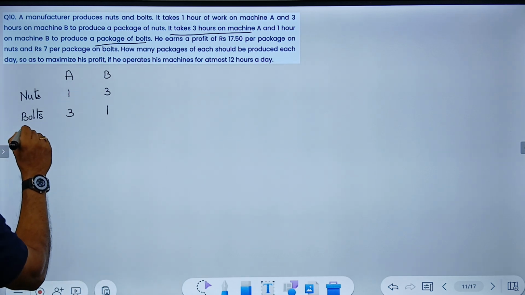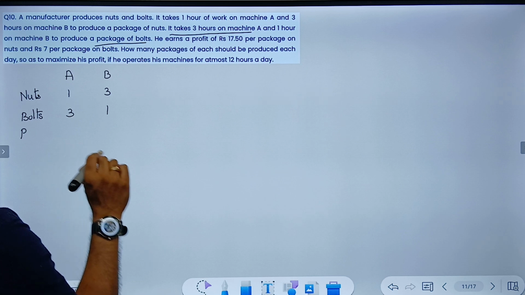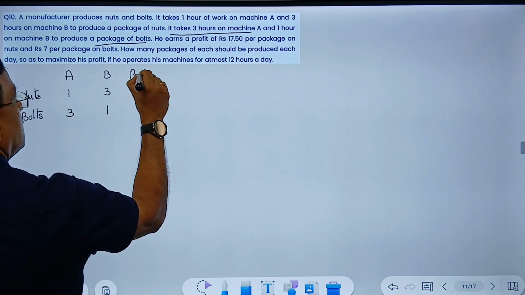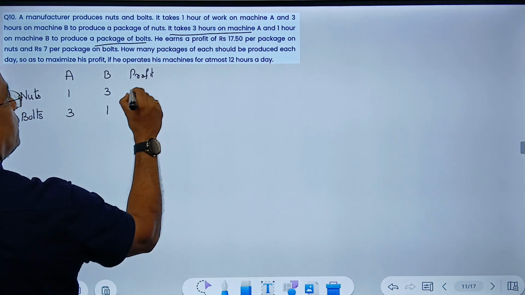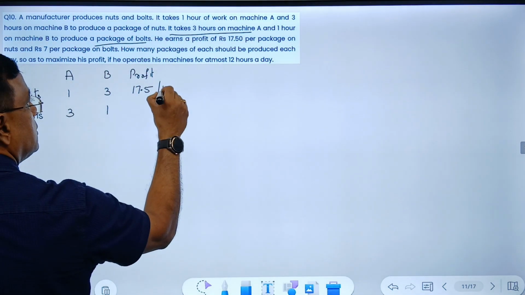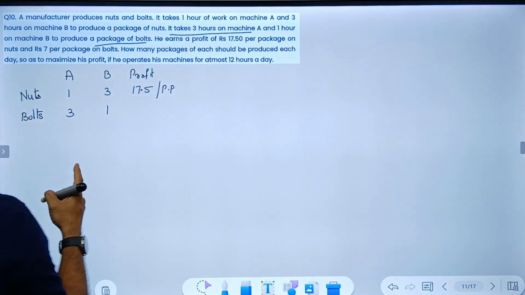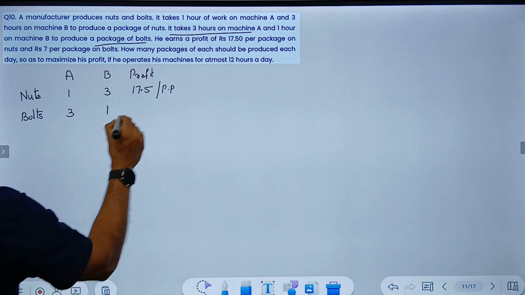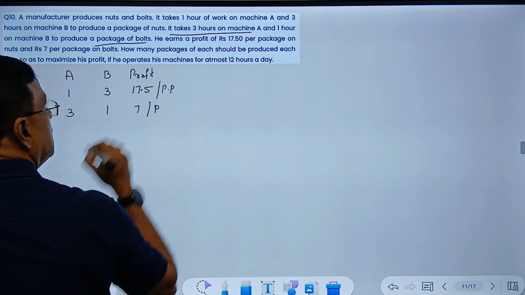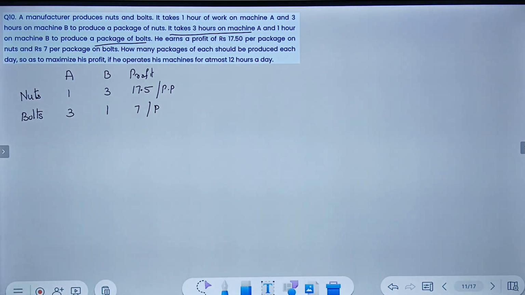What is the profit? It earns them a profit of 17.5 per package for nuts, and 7 per package for the bolts.